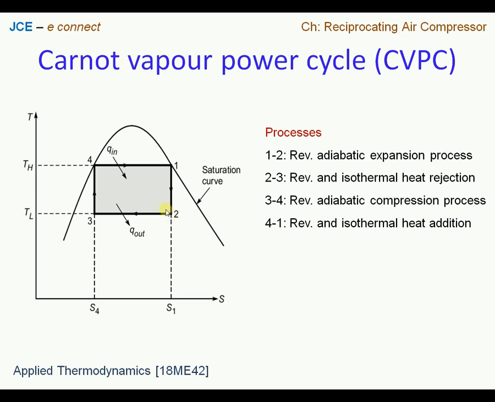Therefore it possesses some dryness fraction, called the quality, which is defined as mass of vapor to that of total mass of the substance. So we have a very high moisture content here, which is not desirable for practical applications of a steam power plant.